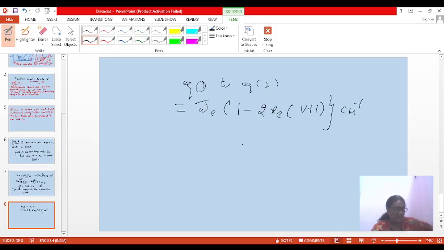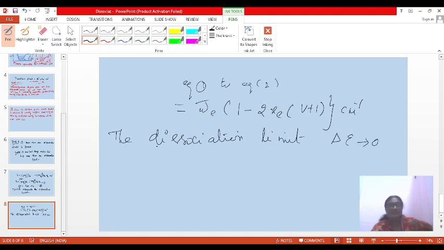The separation at the dissociation limit is equal to 0: omega E times 1 minus 2xe times V plus 1, or V max, where V max means this continuum, the dissociation limit, plus 1 is equal to 0.